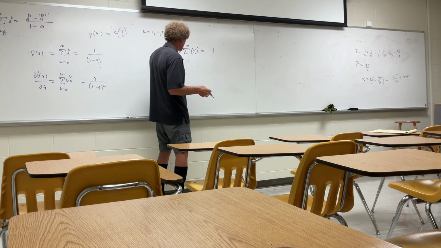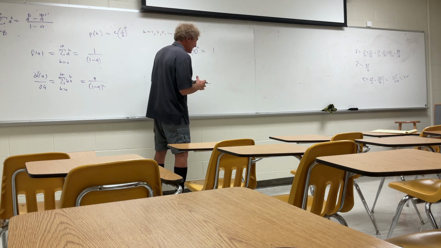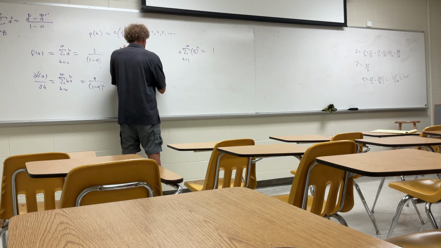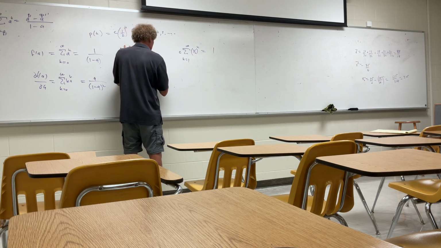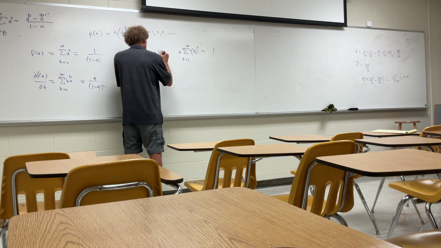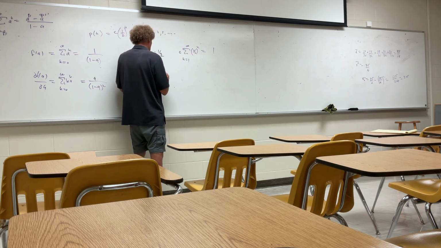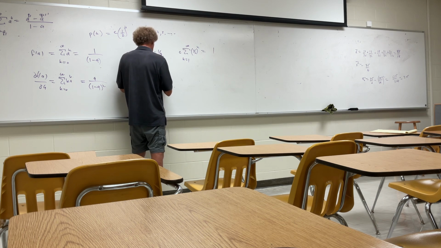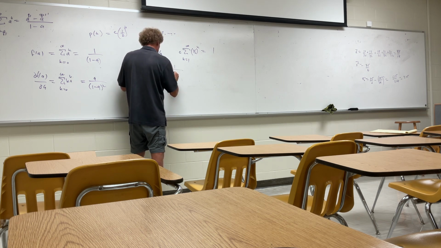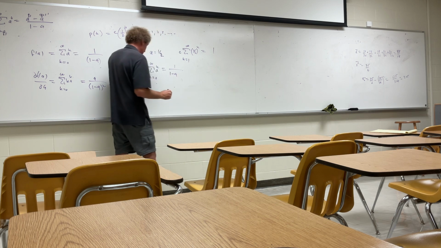If I look at just the summation, let a be equal to 1/2, and I'm going to reference what I have over here, and I know that the sum of a to the k, where k goes from 0 to infinity, is 1/(1 minus a), right?